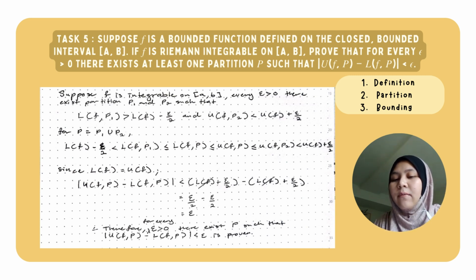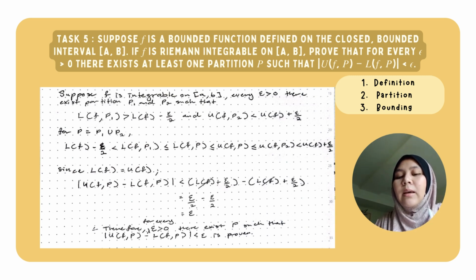and also give the partition and show the bound to prove this question. First of all, suppose f is integrable on [a,b].